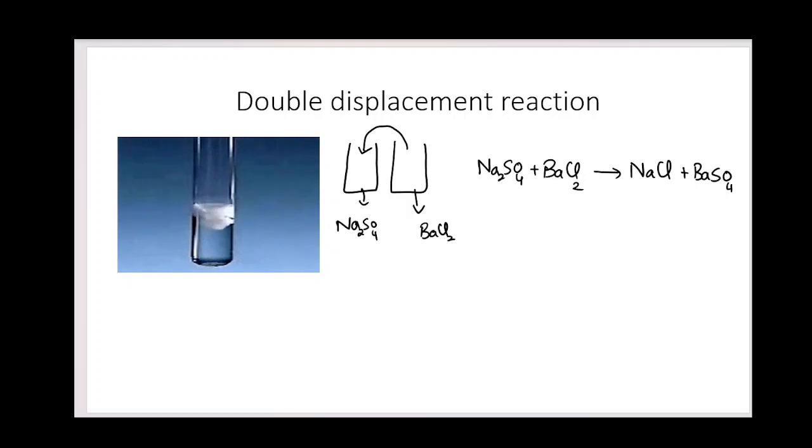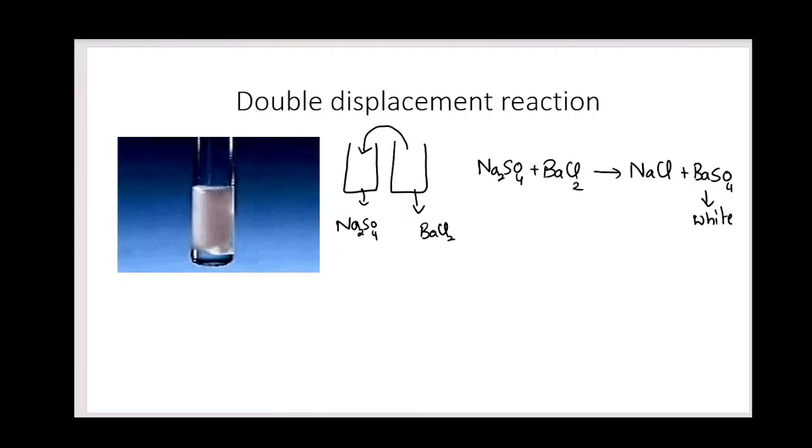Now the color changes to white because of the presence of barium sulfate powder, and this white color will settle at the bottom. So double displacement reaction is also called a precipitation reaction.